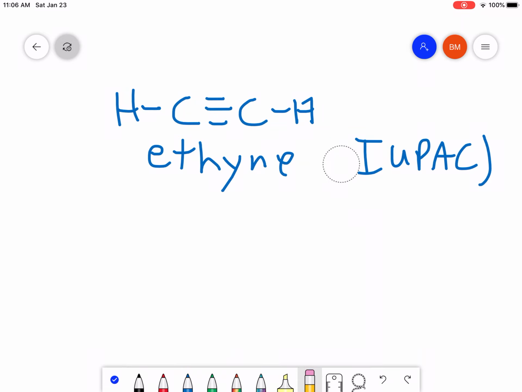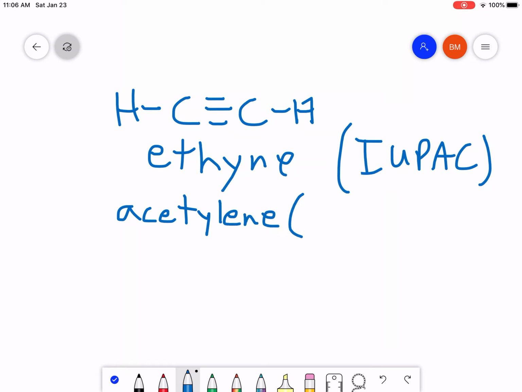If you happen to know anybody who is involved in welding, which I have no idea if you do, you probably know that they use something called an acetylene torch. Acetylene is the common name for ethyne, so that's what they're referring to. Most other alkynes are known by their IUPAC names, but that one's really, really well known, so I wanted to make sure that we highlighted that.